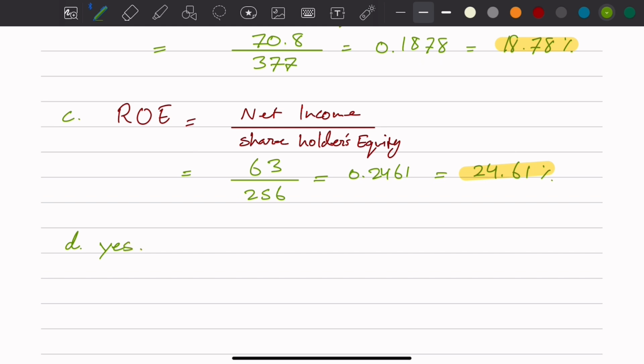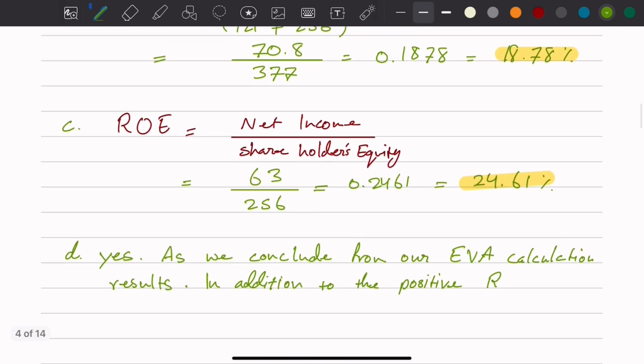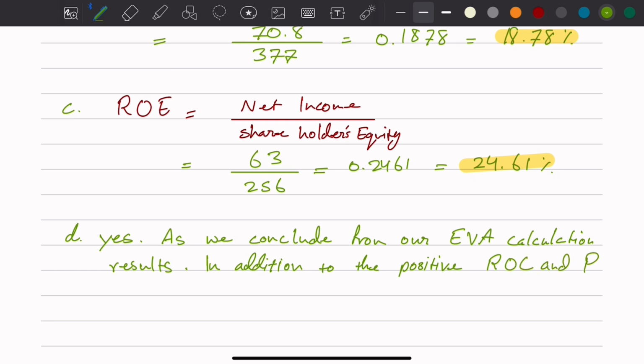So we'll say yes, as we conclude, for example, from our economic value added, let's say calculation results, in addition to the positive return on capital and return on equity results.